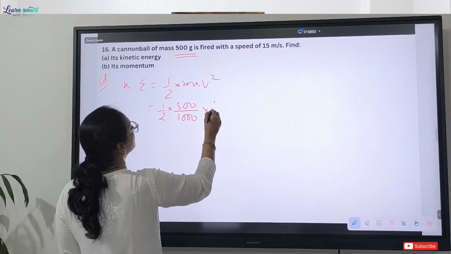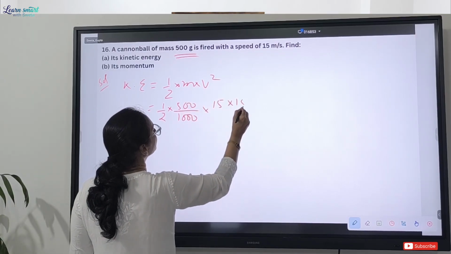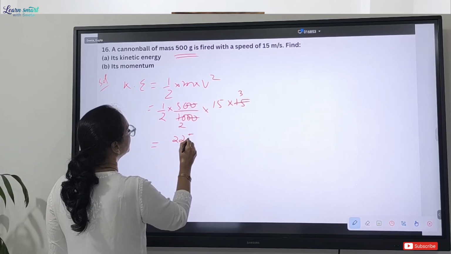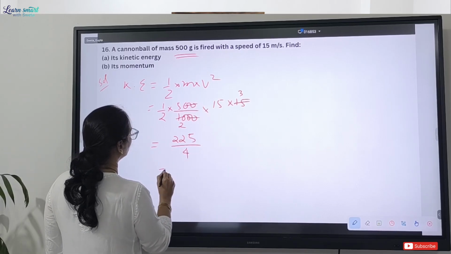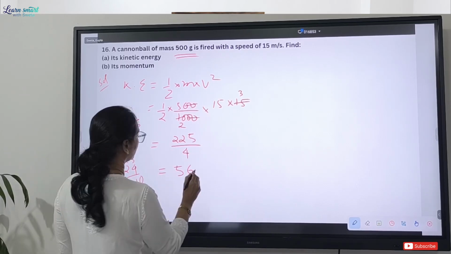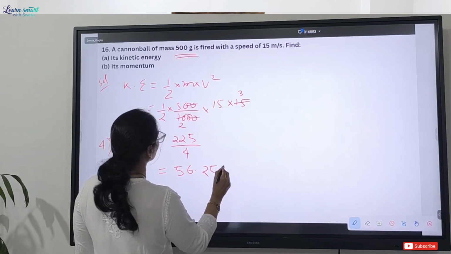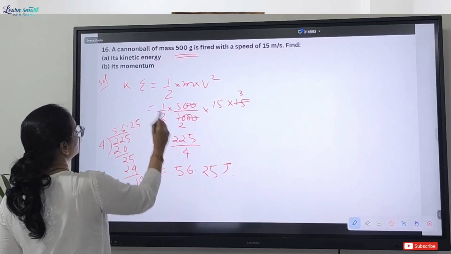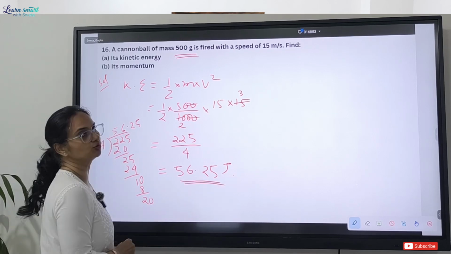V is 15 meter per second. So 15 into 15, that is 225. So 225 upon 4. So we will get the kinetic energy as 56.25 joules.